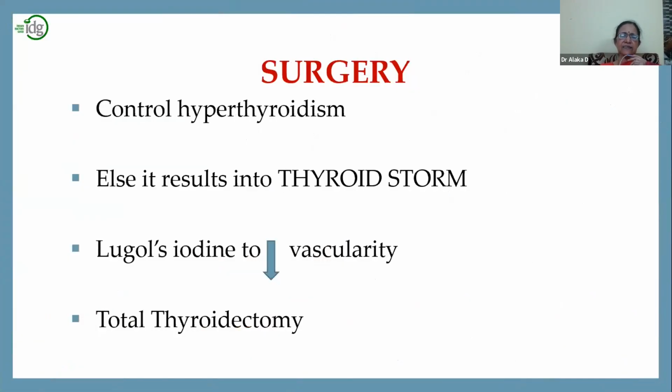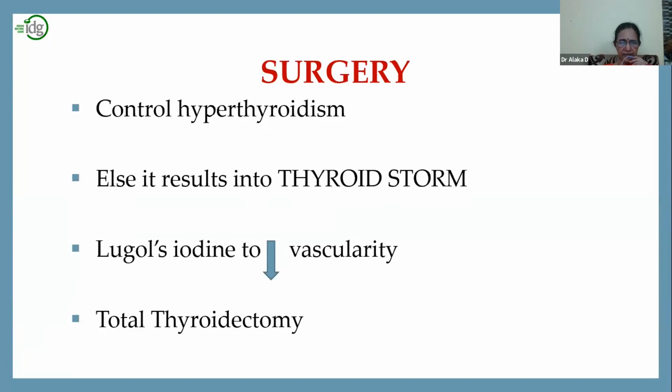Surgery. Surgery in thyrotoxicosis is indicated only when you have controlled hyperthyroidism by anti-thyroid drugs. Otherwise, if hyperthyroidism is not controlled and you subject the patient to thyroid surgery, there will be a thyroid storm and you will lose the patient. So control the hyperthyroidism.